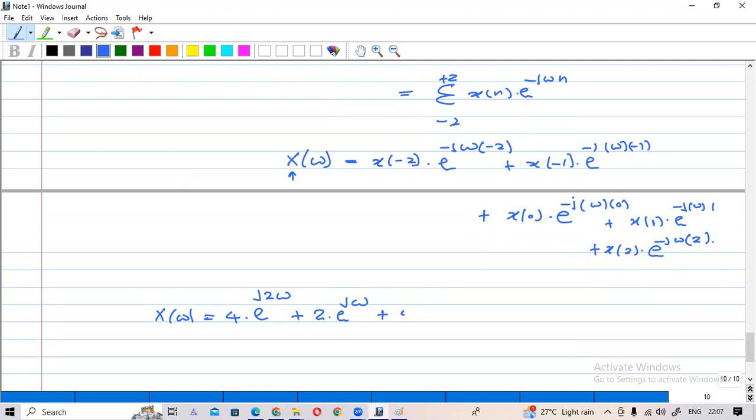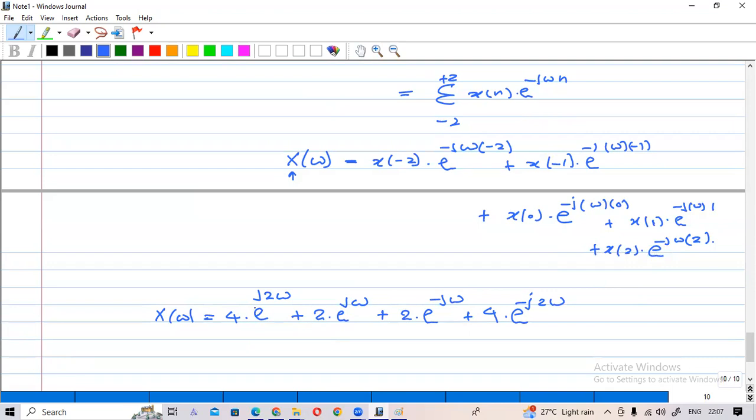Then x[1] is 2, times e to the power minus j omega, plus x[2], that is 4, times e to the power minus j 2 omega.